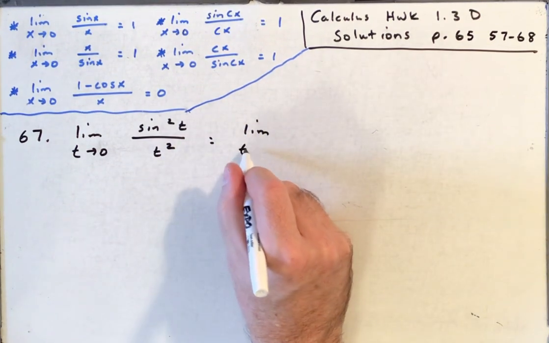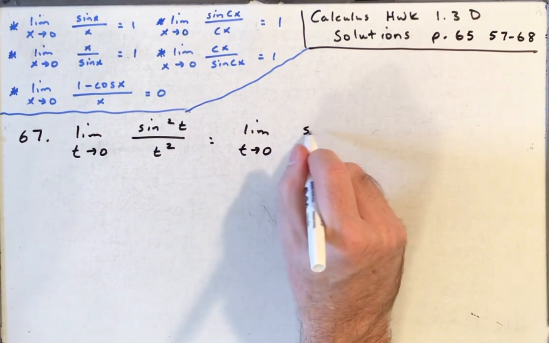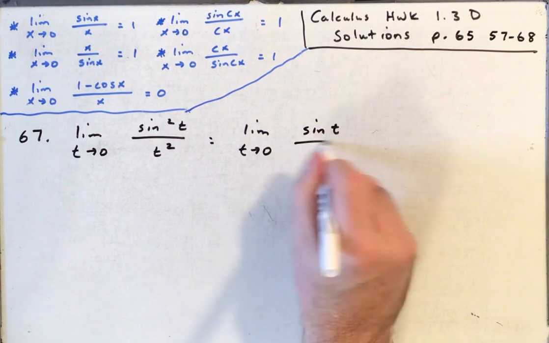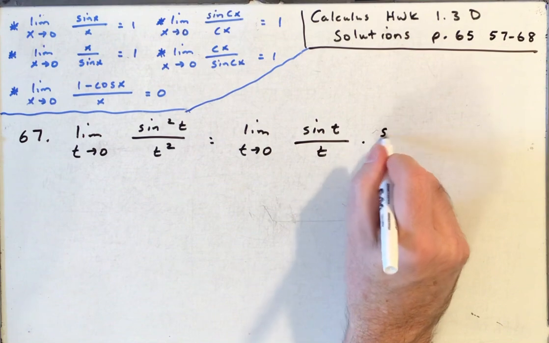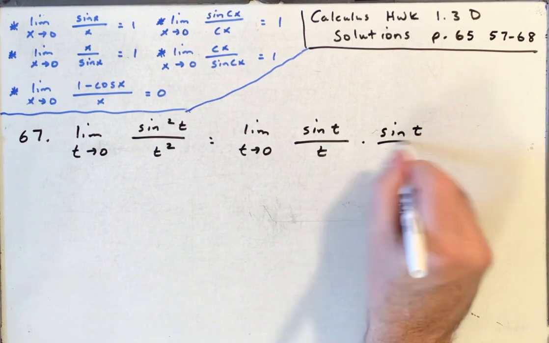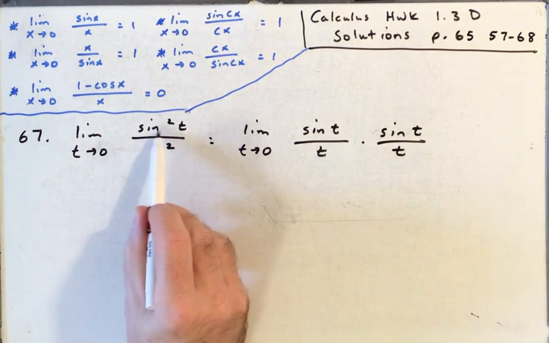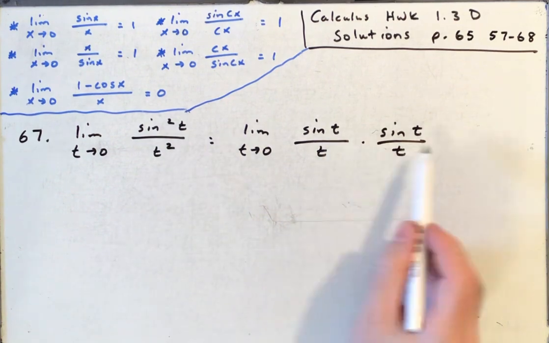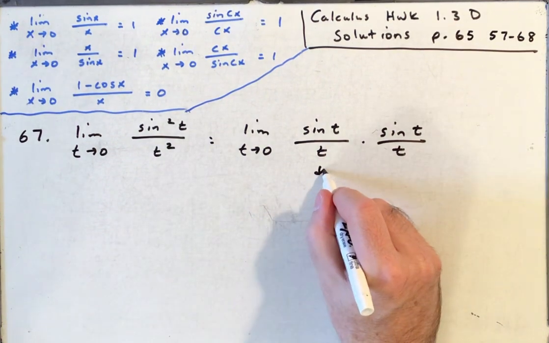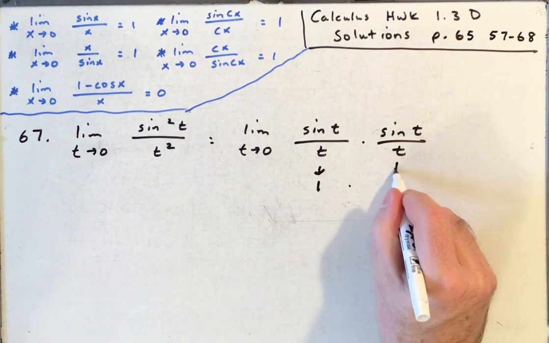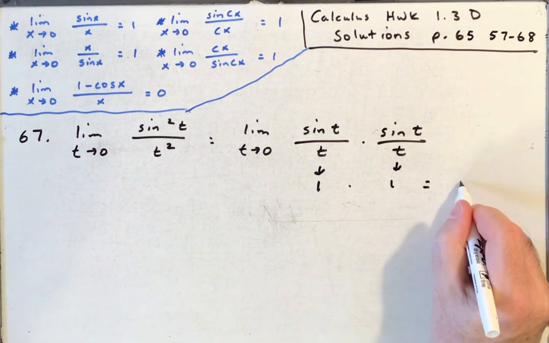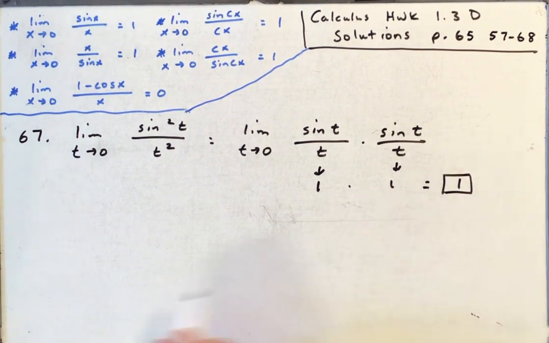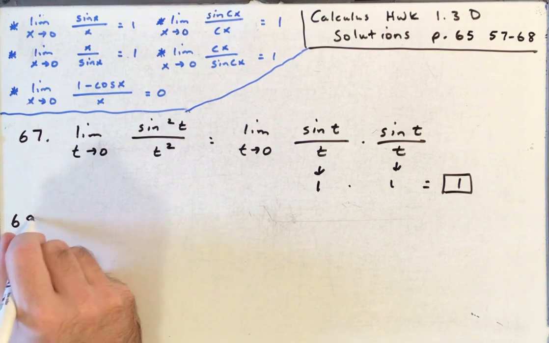The limit as t approaches 0 of sine t over t times sine t over t. That's the same as sine squared t over t squared. Multiply those two out. Well, we have an identity for that. It's 1. We have an identity for that. It's 1. 1 times 1 is 1. Easy peasy.